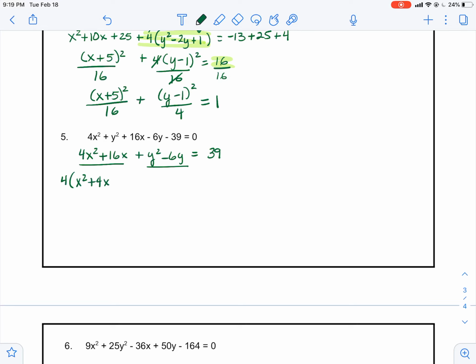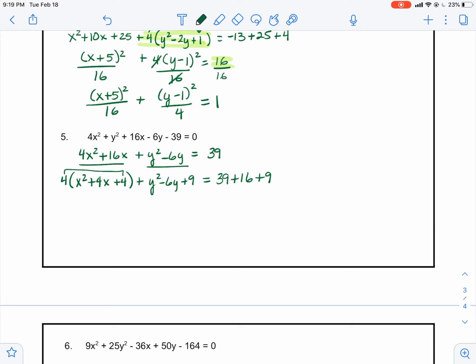And then half of 4 is 2, 2 squared is 4. But again, remember, this is actually 16 that I added to both sides. Okay? And then we're going to do our y's. So half of 6 is 3, 3 squared is 9. Add 9 to both sides.